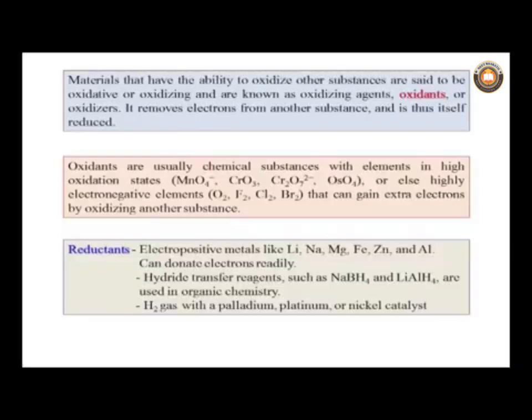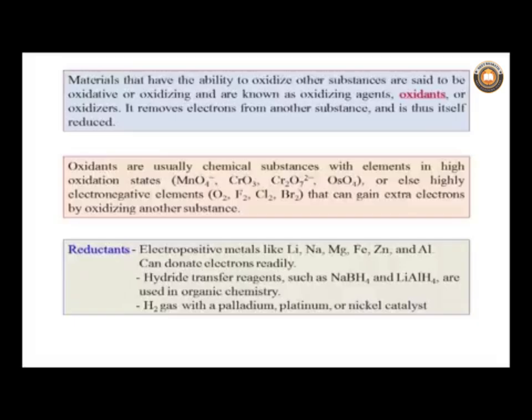Similarly, besides species having high oxidation states, there are other species that we are discussing in terms of electronegativity values: your O2, your F2, your Cl2 and Br2. These can gain extra electrons, so these are also oxidizing agents or oxidants. How?